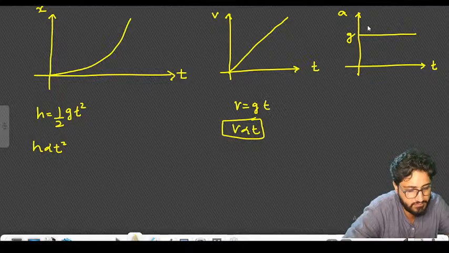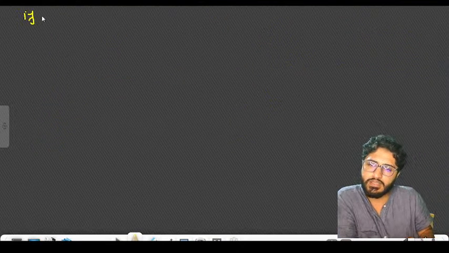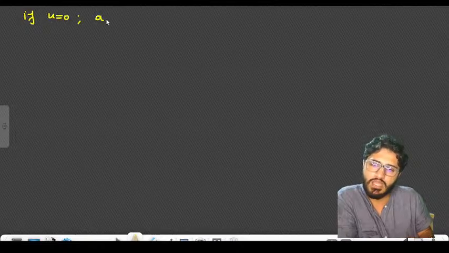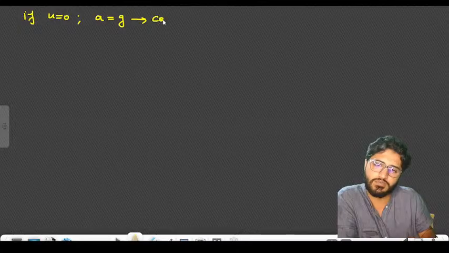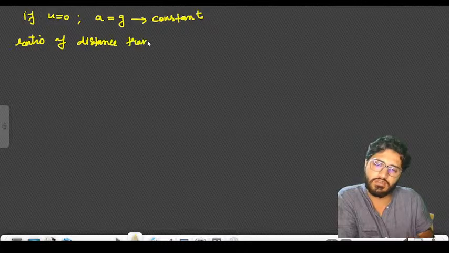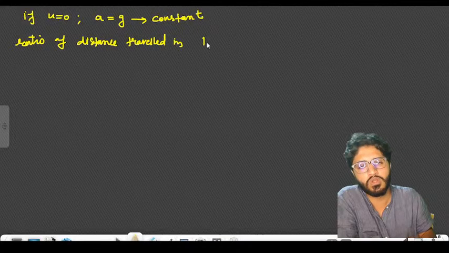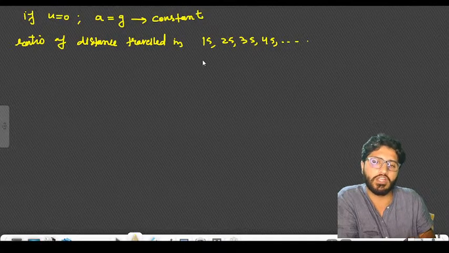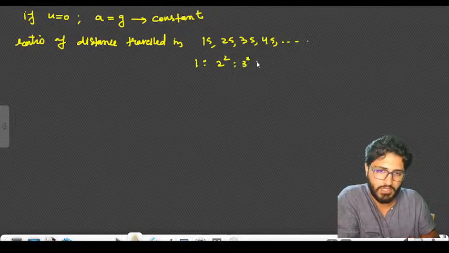Done? Okay. Look, if u is 0 and a is g, which is constant, then the ratio of distances traveled in 1 second, 2 second, 3 second, 4 second, and so on equals 1 is to 2 square is to 3 square is to 4 square.